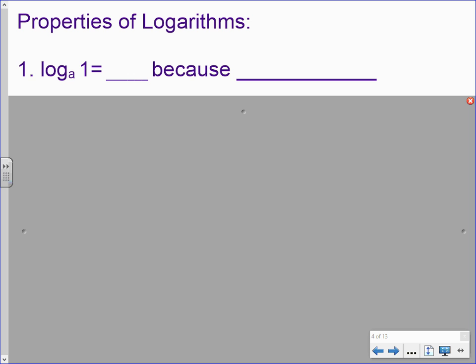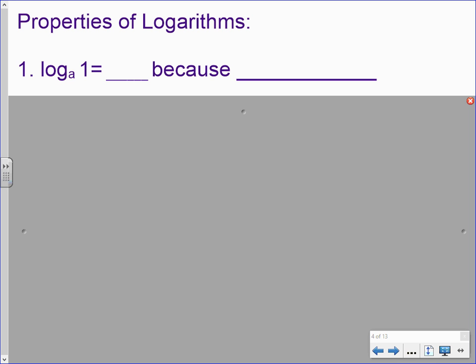Take 10 seconds and see if you and your pod knows what log base A of 1 is going to be. Pod 1, what'd you say? I heard you talking.